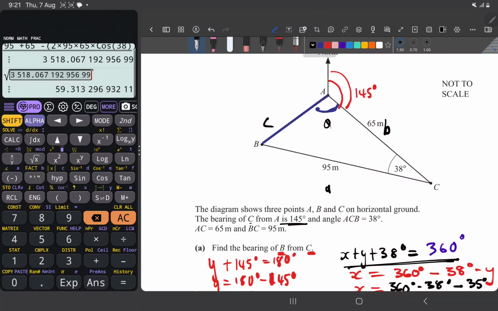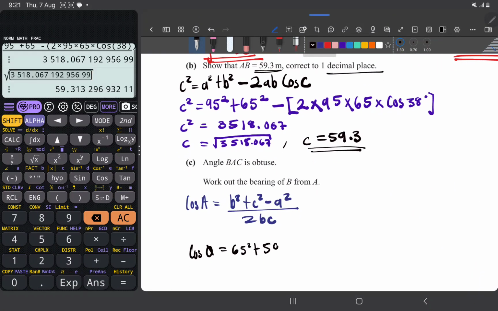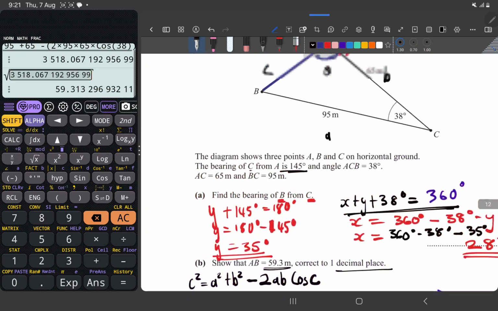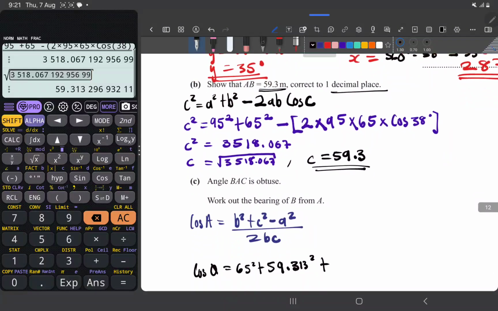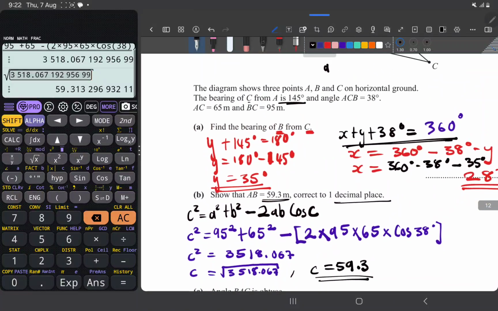We just found it, 59.3, so plus 59.313, the longer one, squared. Then the other one is 95. Oh, it's actually minus 95 squared, all over 2 times 65 times 59.313.